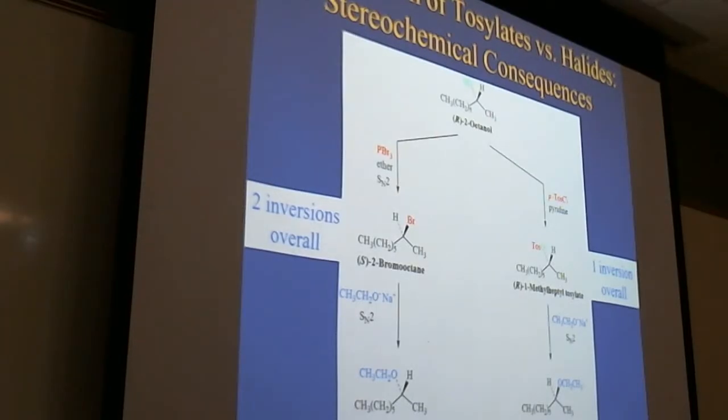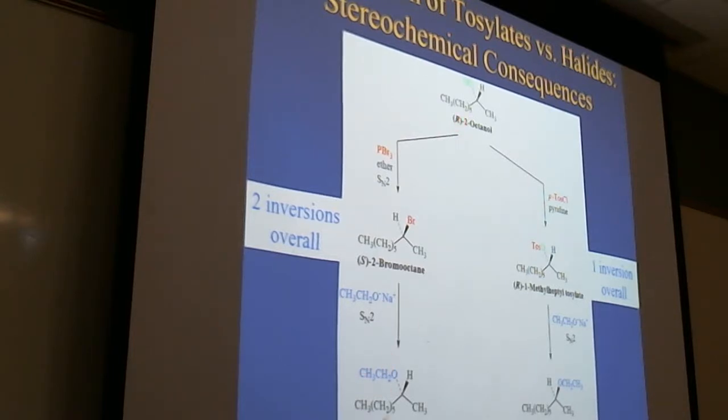That is, if I were starting with this R-2-octanol, and I wanted to end up with an R product in which I'm replacing my leaving group, the OH, with this ether.